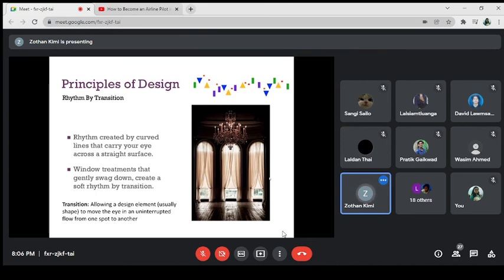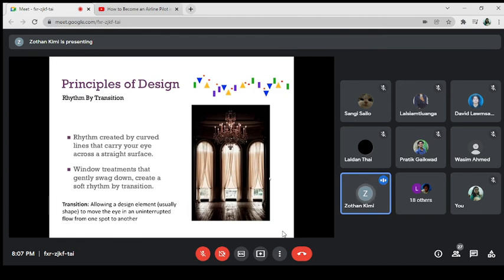For example, if you look at the curtain over there, even if you look at it from the top or from the bottom, we have a small tapering end, a small end which slowly spreads out like that. All right, it's leading your eye in a very gentle manner. All right, when you look at the window, your eye doesn't have to move to someplace else all of a sudden. So that's basically a rhythm by transition.